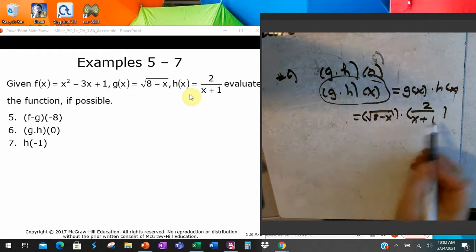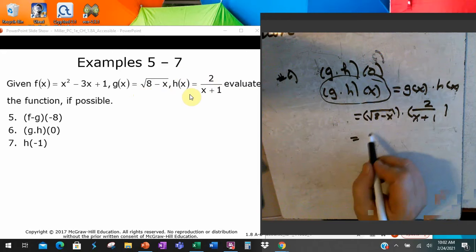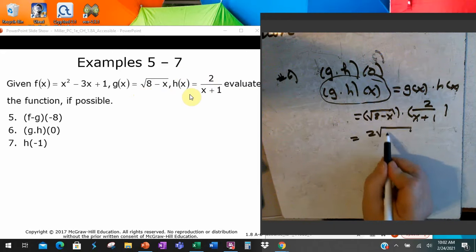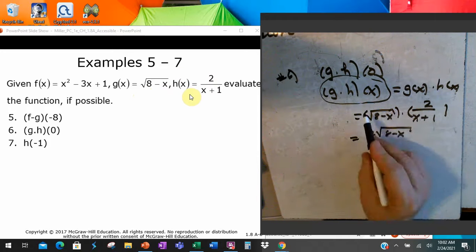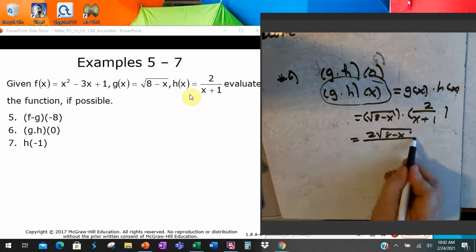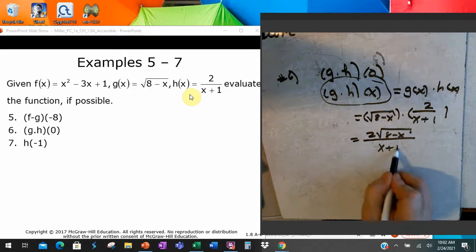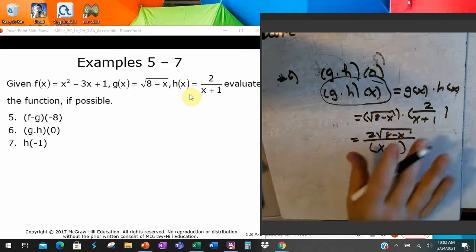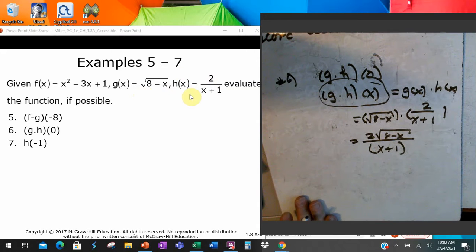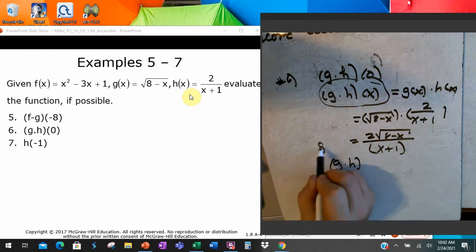In this case, there's not a whole lot of simplifying. I can rewrite it as 2 times the square root of 8 minus x, all over x plus 1. This is g dot h of x.